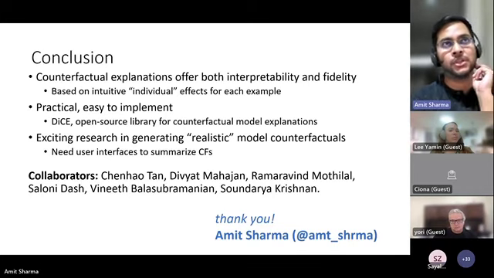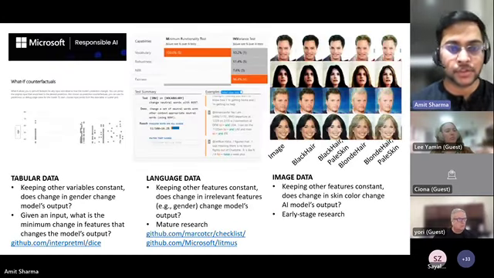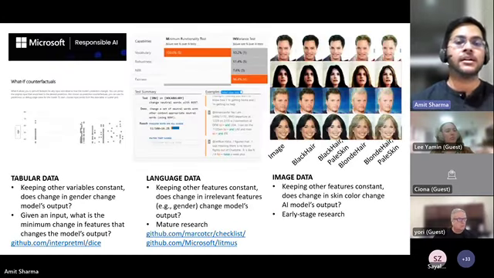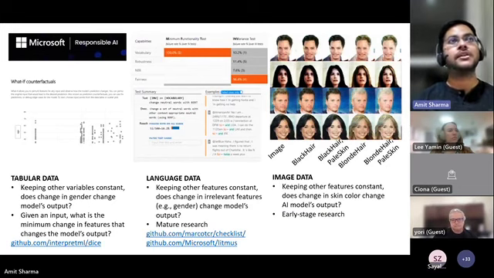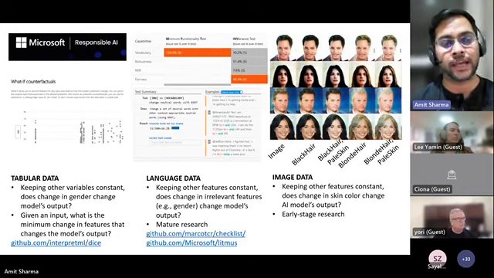We haven't done much work on natural language, which is why I was pointing you to Marco's repository, CheckList, where they have done these counterfactuals. But in general, I agree with you that natural language counterfactuals are much harder than tabular data. But with the pace of machine learning, I think today that's no longer true.